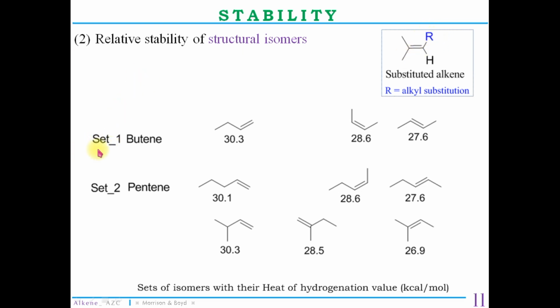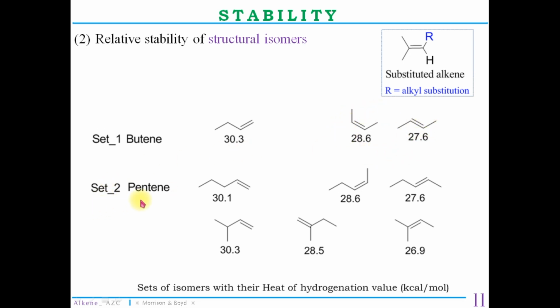Now, coming to sets of examples, the first set is of butene, where we have structural isomers. Here is the example of geometrical isomerism. The first isomer has a heat of hydrogenation value of 30.3. Here the cis isomer has 28.6, while the trans isomer has 27.6, and these examples we have seen previously.